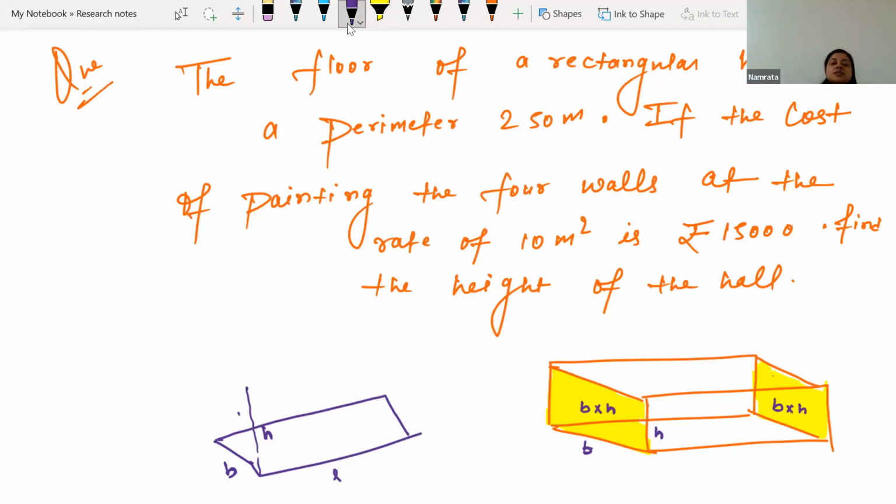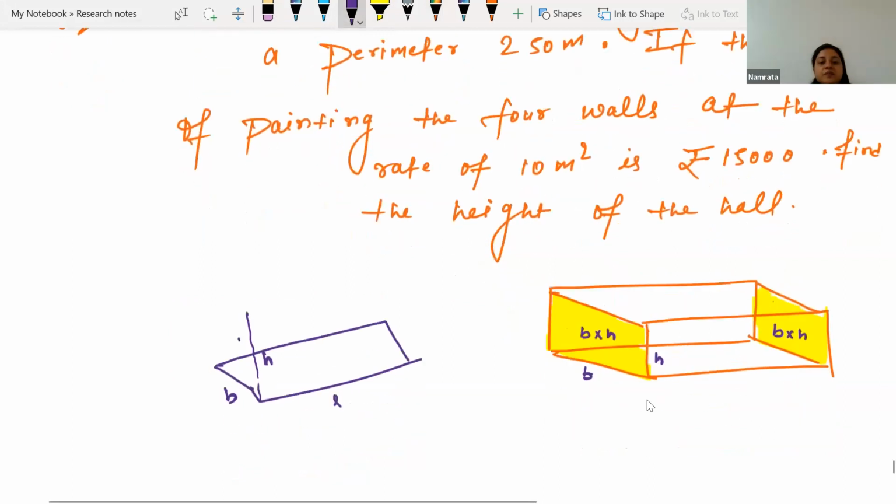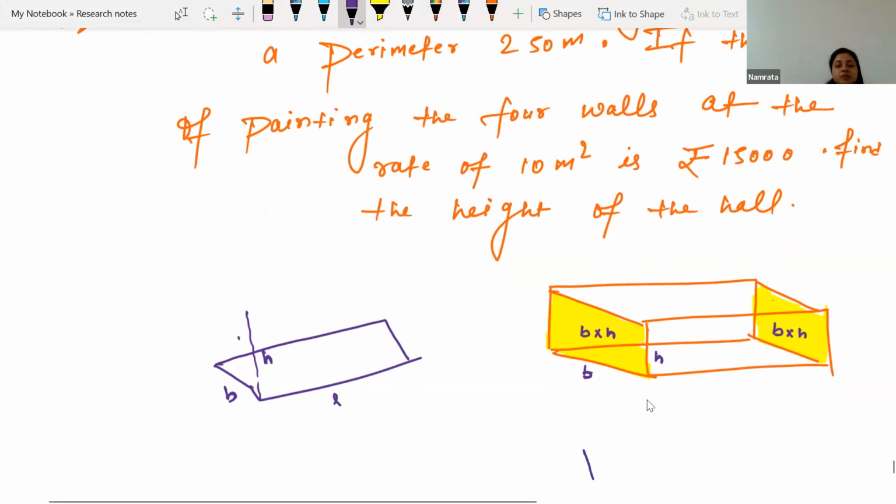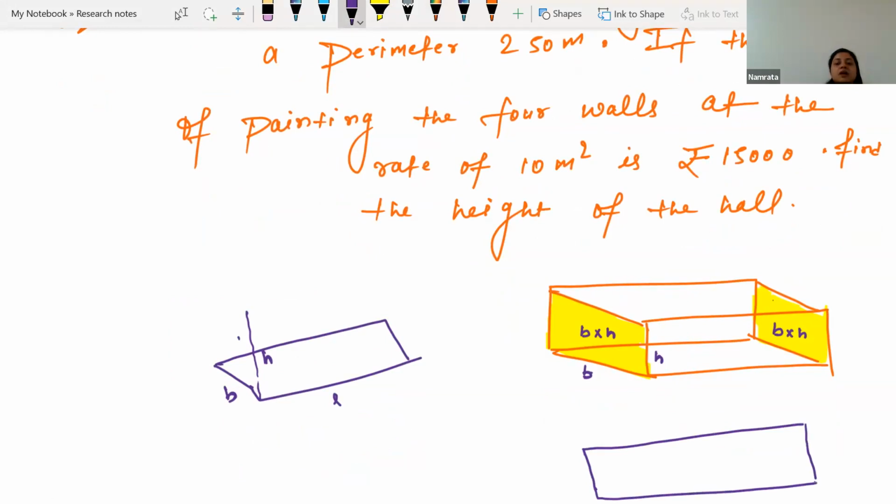If you can see, the back wall is like this. I have not drawn it perfectly. It looks like just a rectangle, yeah, that is a rectangle, but that is a three-dimensional shape. So this is the back wall.